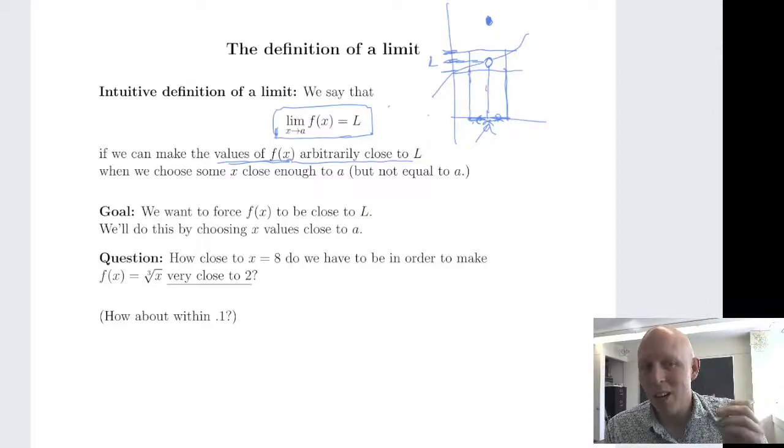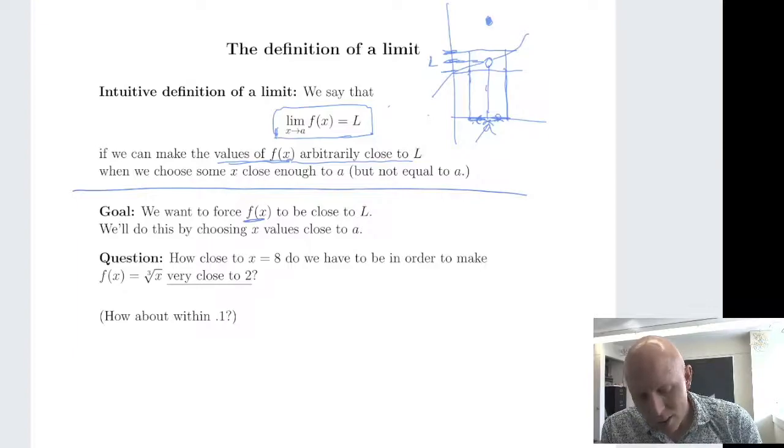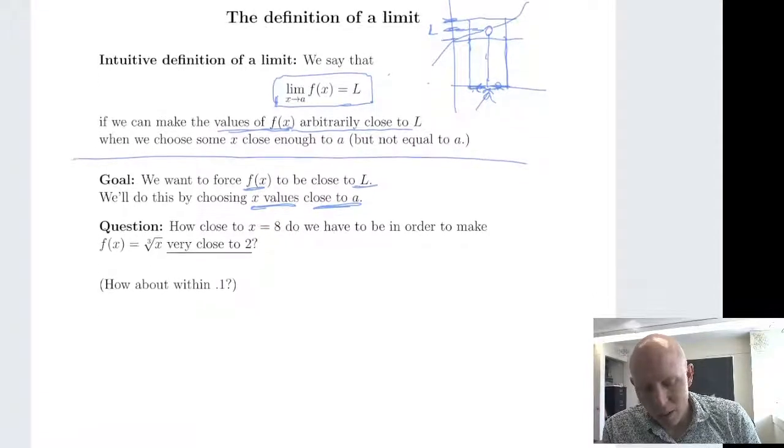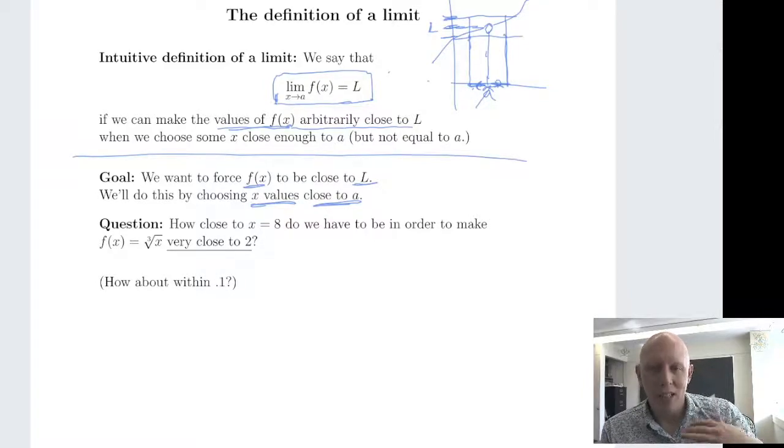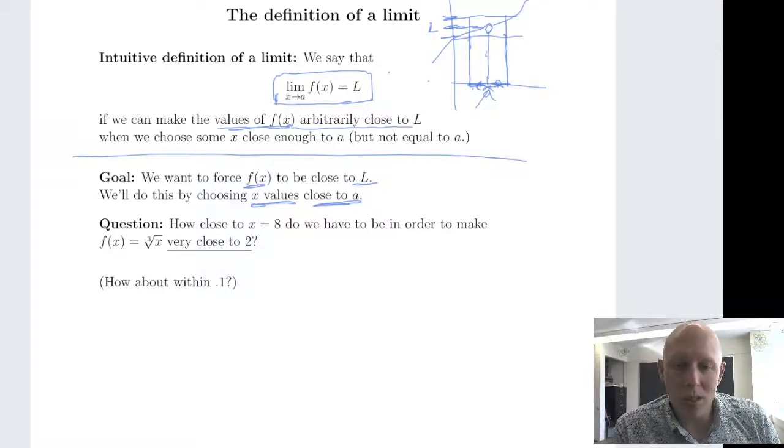The function is defined at A, but it's just off of the curve. Our goal here is to force this function value to be close to L by choosing x values that are close to A. So let's get a specific example and talk through how that works.